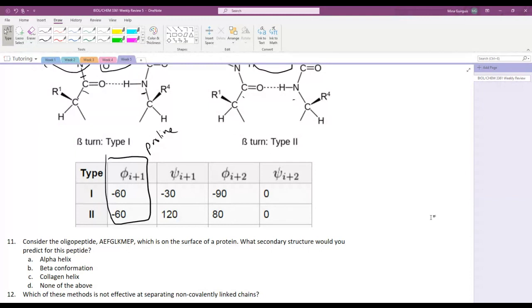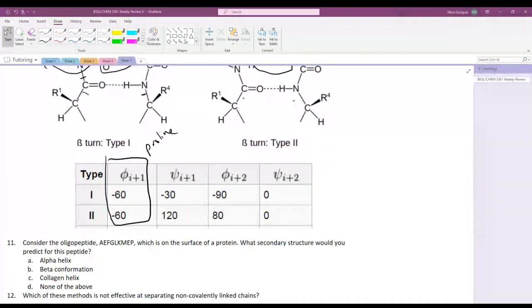So number 11. I should mention, the reason we're finishing this quickly is because there are a lot more super secondary structures. There's things like coiled coils, beta hairpins, the beta-alpha-beta motif, helix-turn-helix, all these things that I don't know how much depth you need on all of them because it's very professor dependent. Some professors want you to understand them well. Some professors want you to know their name and what they look like.